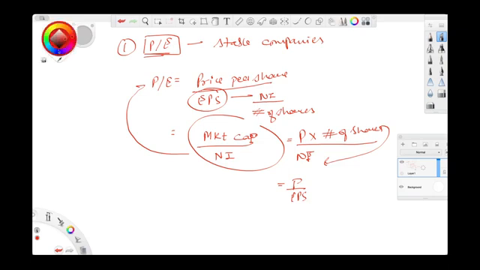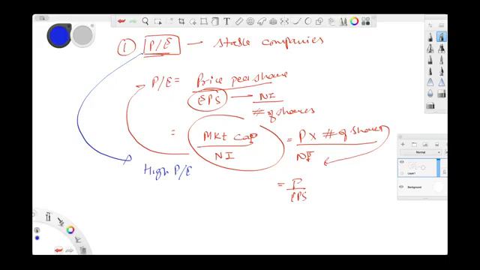The very first interpretation is, if the PE is high, what do we mean by high PE? High PE means there are a lot of growth expectations, or there is an overvaluation.